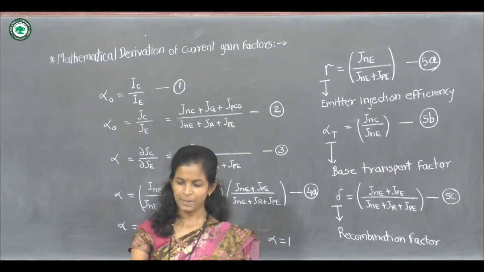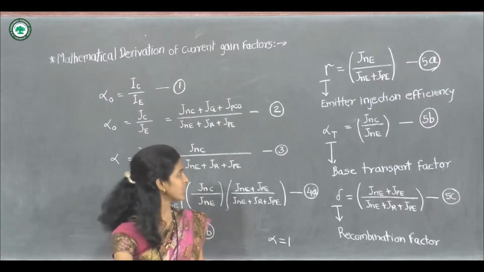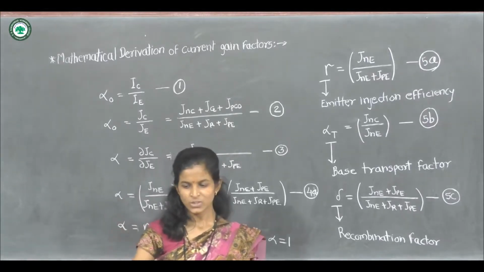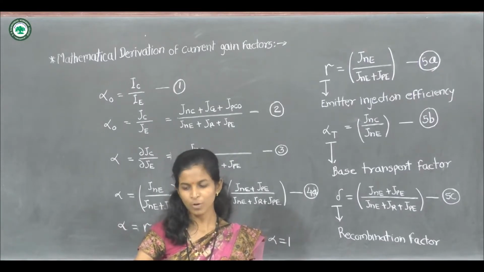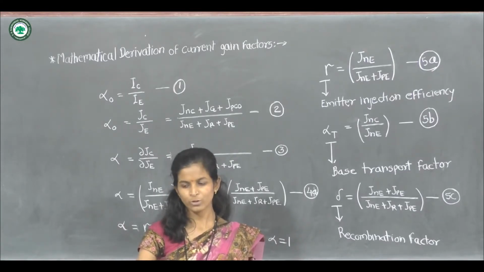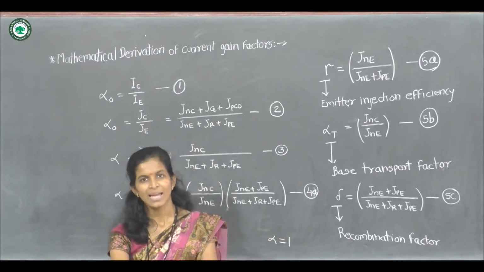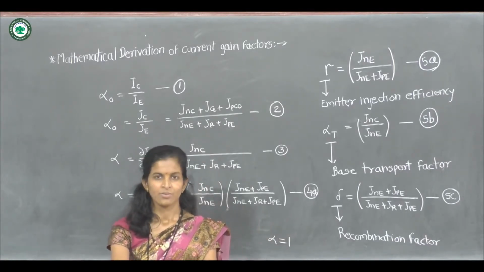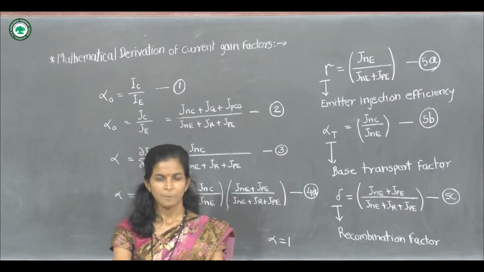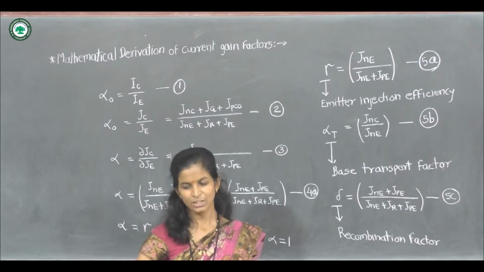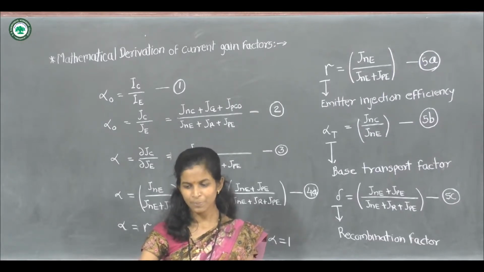Also, the base transport factor, given by alpha T, takes into account any recombination of excess minority carrier electrons in the base. Ideally we want no recombination in the base.